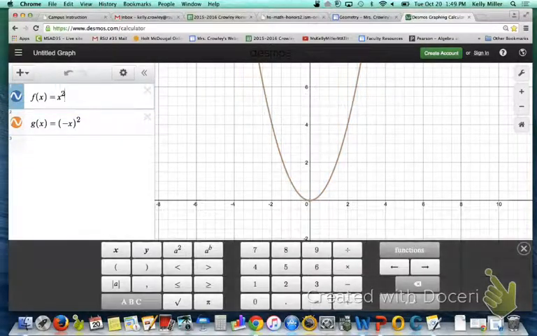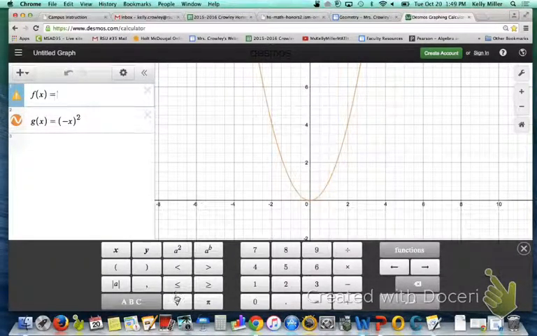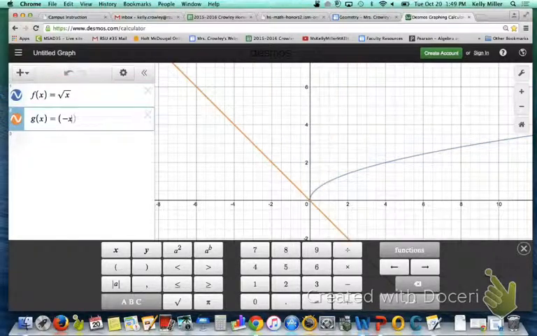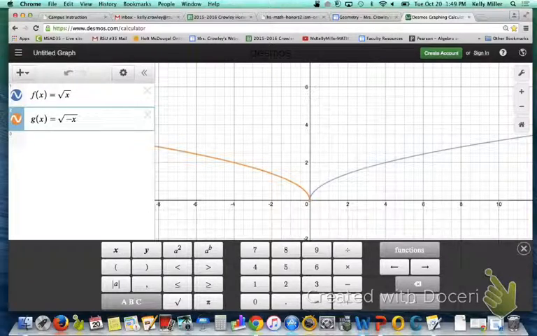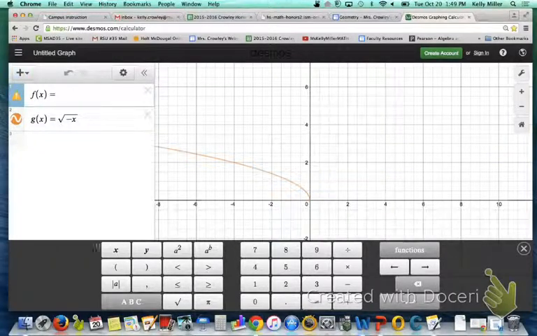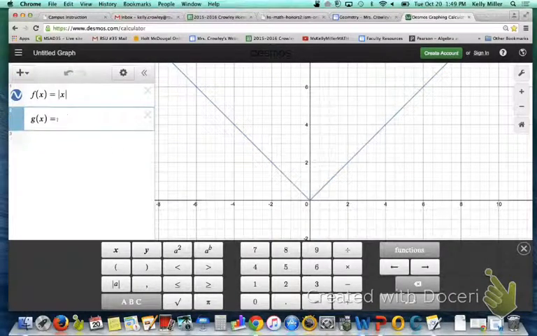If we look at the square root of x, and then I do the square root of negative x, that one's a little easier to see. It reflected over the y. If I did the absolute value of x and the absolute value of negative x, again, it reflects over the y, it's just reflecting onto itself. So if the negative is occurring inside with the function, it's a reflection over the y-axis.